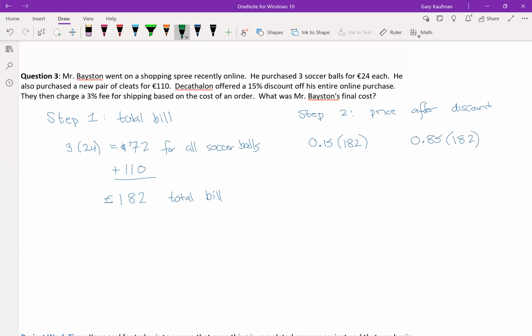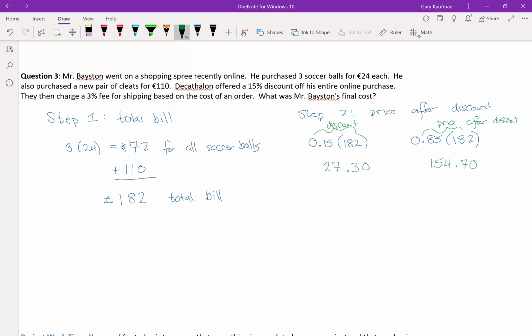This is going to represent the discount. This is representing the price after discount. So if I do the first one and I say 0.15 times 182, I get 27.3, that's my discount, versus 0.85 times 182, and I get 154.7. Actually, I'm going to put the zeros because we're dealing with money.